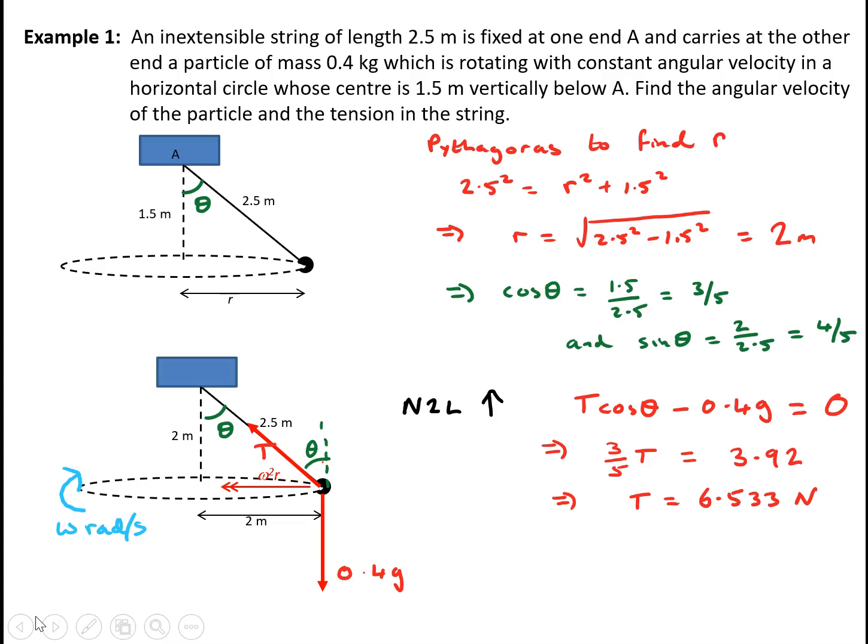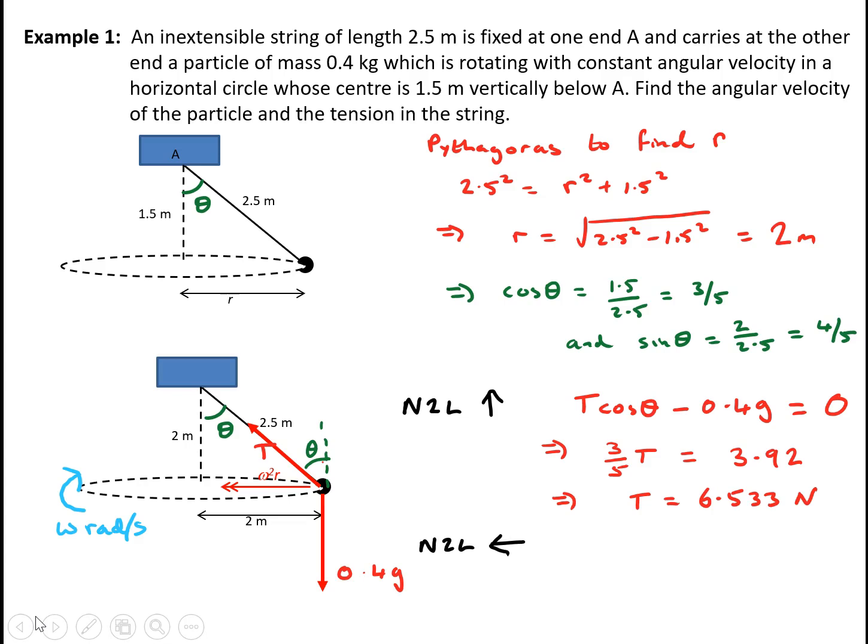And if we now apply Newton's second law towards the centre of the circle, then we've got the component of T towards the centre of the circle, or component of T to the left in our diagram, which is T sine theta, must equal m times omega squared r.